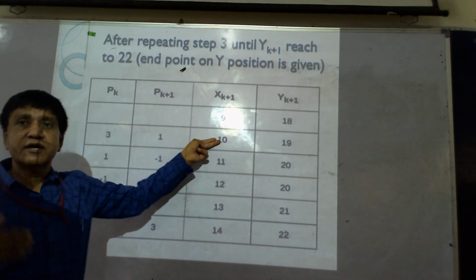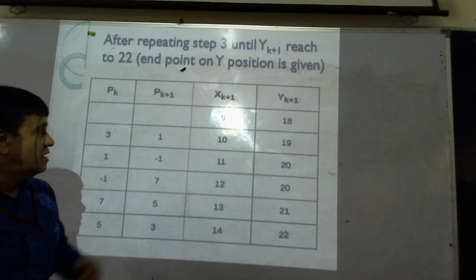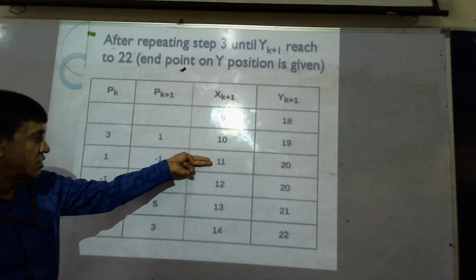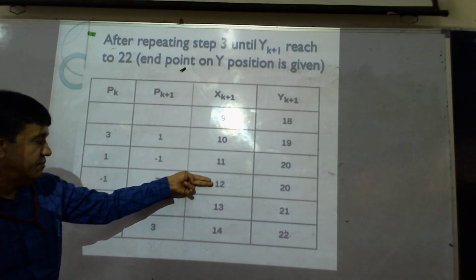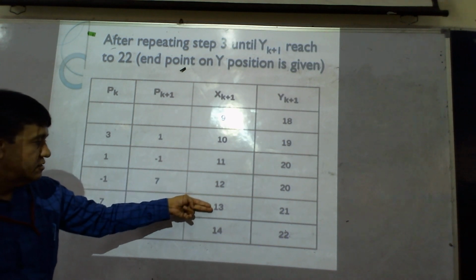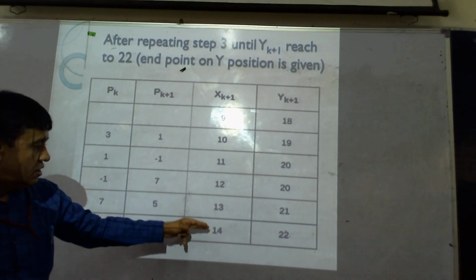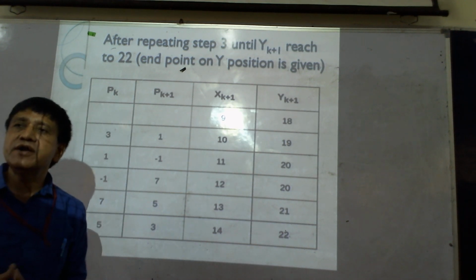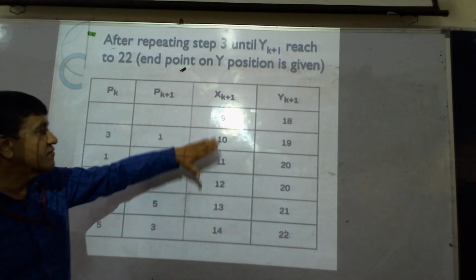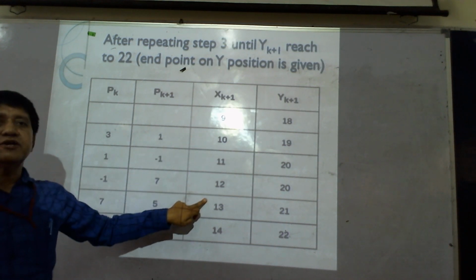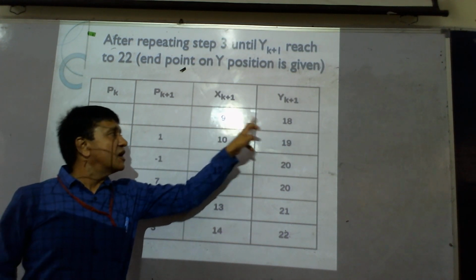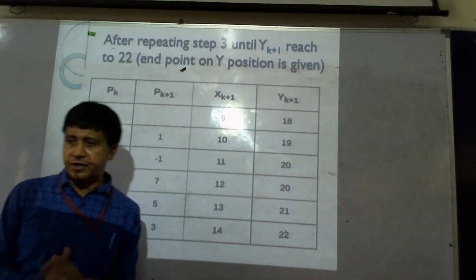This is an intermediate coordinate calculated, this is again an intermediate coordinate, and another intermediate coordinate, and this is 14 and 22, the ending coordinate, which is given.